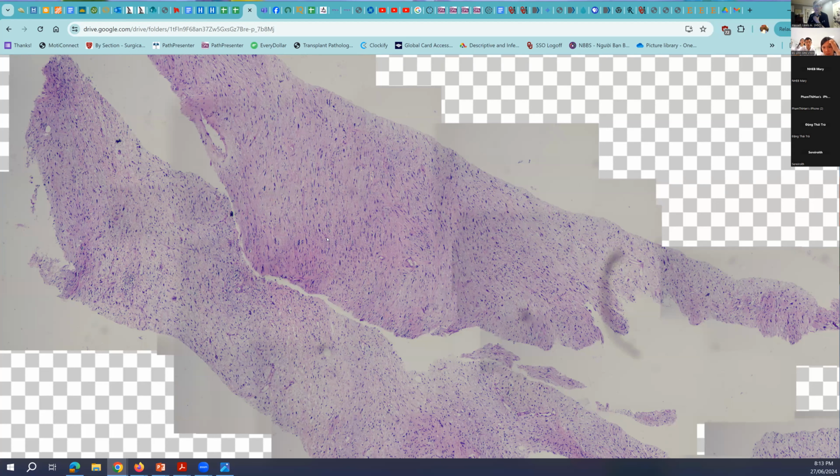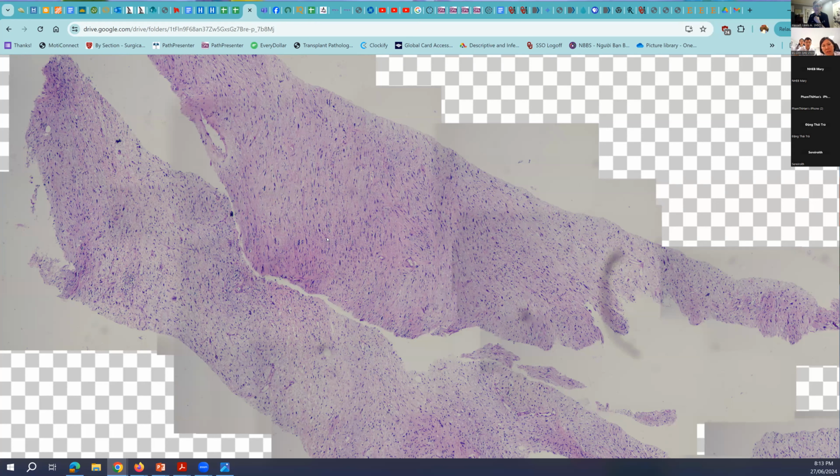So, Dr. Lin, you did some further studies on this case. Do you want to tell us what you found? Yes, Professor. In immunochemistry stain, MDM2 and CDK4 found positive.